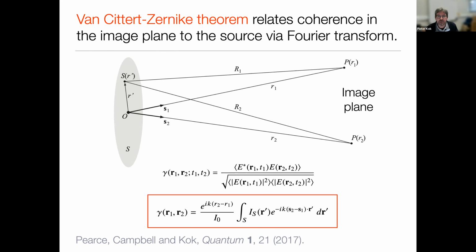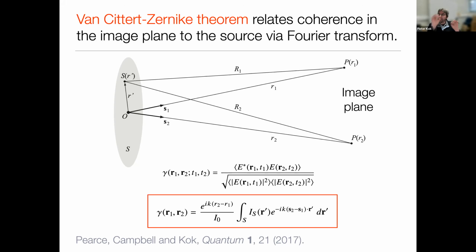And then we have a quantity called the complex degree of coherence, gamma here, which if you're familiar with quantum optics, probably looks familiar. But the most important thing is that you have to do measurements at P at R1 and P at R2. And then when you make these measurements, theoretically, we know that it is related to the intensity. In fact, it's the Fourier transform of the intensity profile in the source.